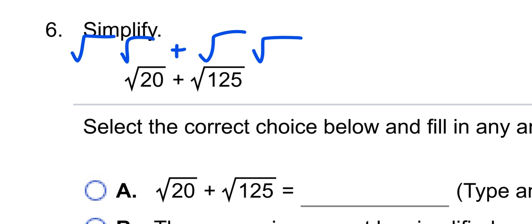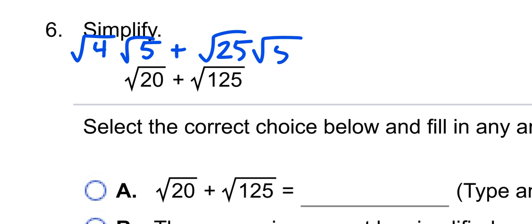What's the largest perfect square that goes into 20? 4 does, and it goes in 5 times. What's the largest perfect square that goes into 125? I gave you a hint, it has to end in a 5. 25 is in your list. Folks, 5 is not in your list. Think about it: 4, 9, 16, 25.